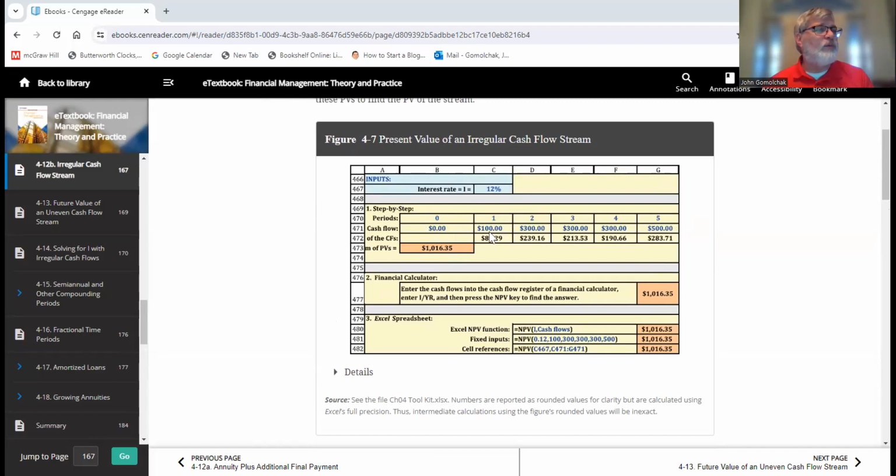So nothing in period 0, period 1 we get 100, then 300, then 300, then 300, then 500. And here's your step-by-step process. We could calculate the present value of each and every one of these and then add them together. You could use your financial calculator, or you could do the Excel spreadsheet, which, guess what I'm going to suggest we do? That's right, the Excel spreadsheet.